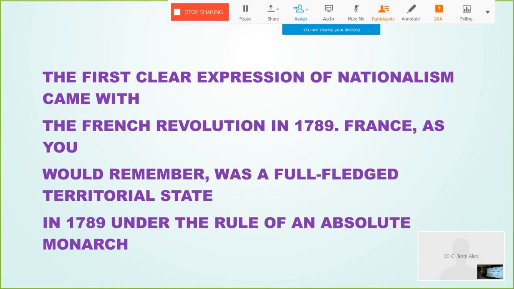If we look at the concept of nationalism, the first clear expression came during the time of the French Revolution in France. 1789 is the year of the French Revolution, and at that time France moved into a full-fledged territorial state.